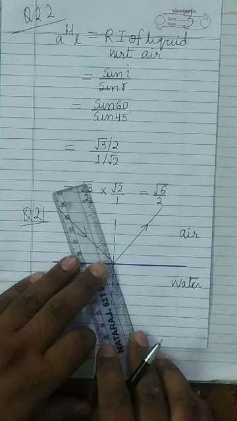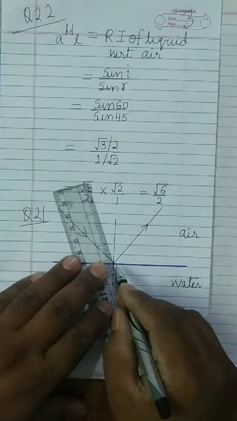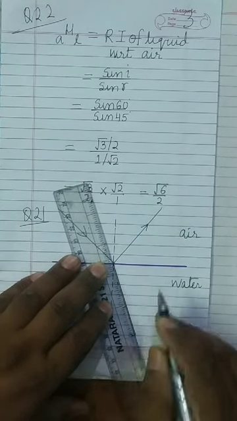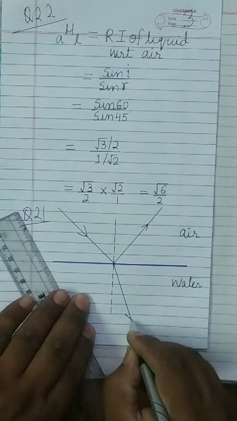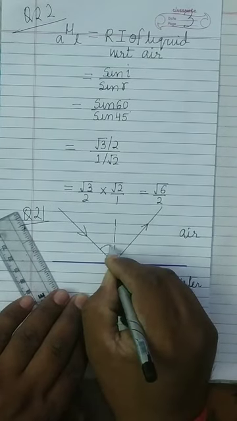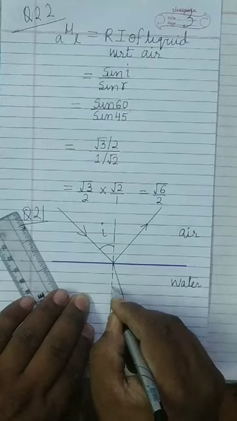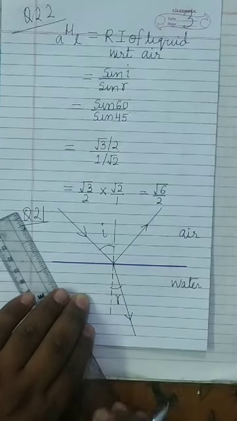Then the refracted ray will bend towards the normal. This is the refracted ray, bending towards the normal. This is the angle of incidence and this is the angle of refraction.